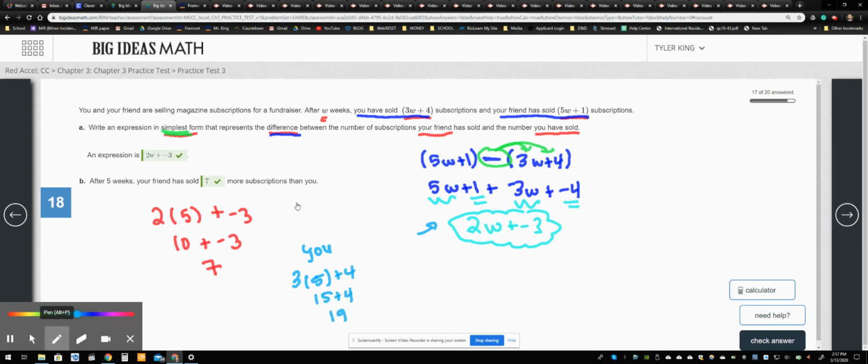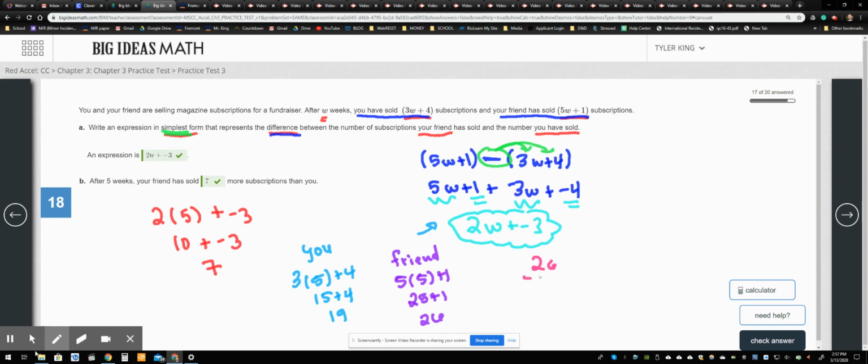And then we had your friend, and that's going to be 5 times 5 plus 1, which is 25 plus 1, which is 26. Okay, and we're looking for how many more your friend has sold than you. Well, that's going to give us our last piece here, 26 minus 19, which gave us 7.